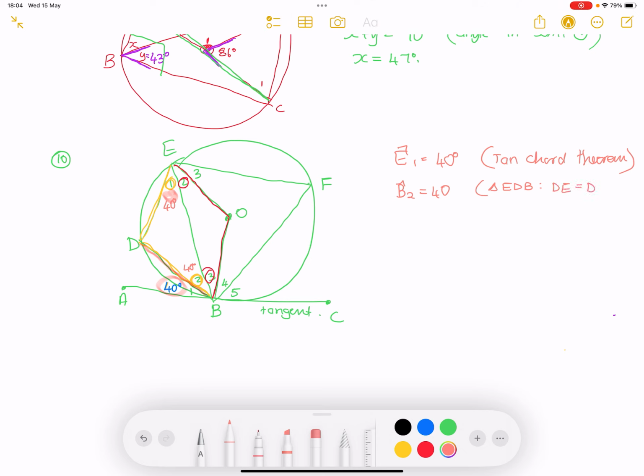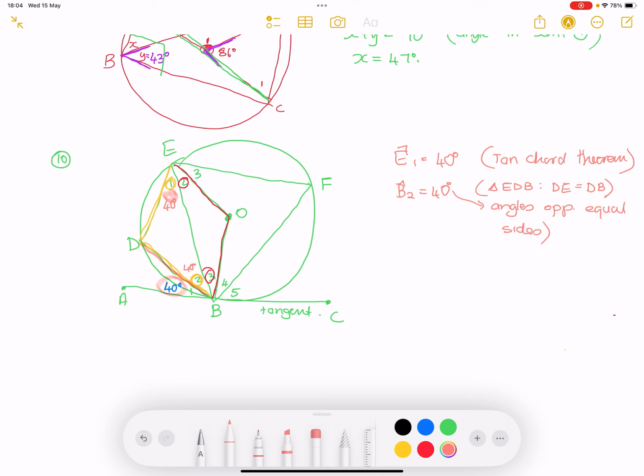That was given, eh? So therefore the reason here will be angles opposite equal sides.